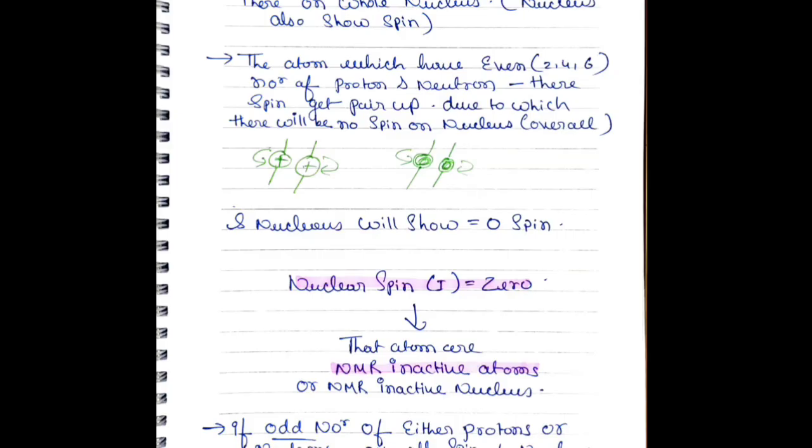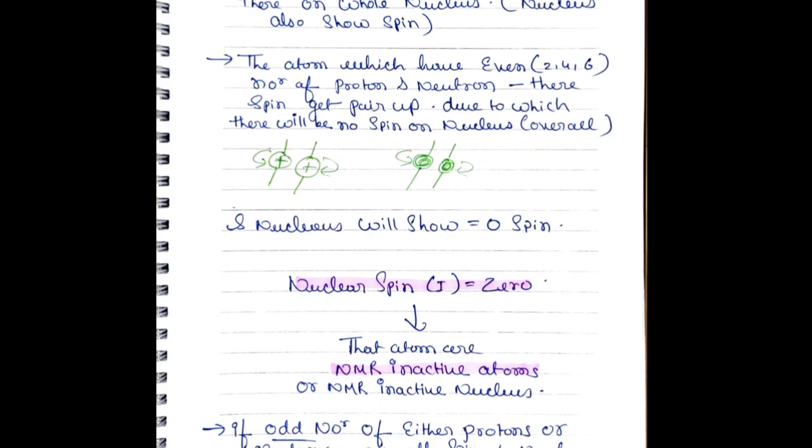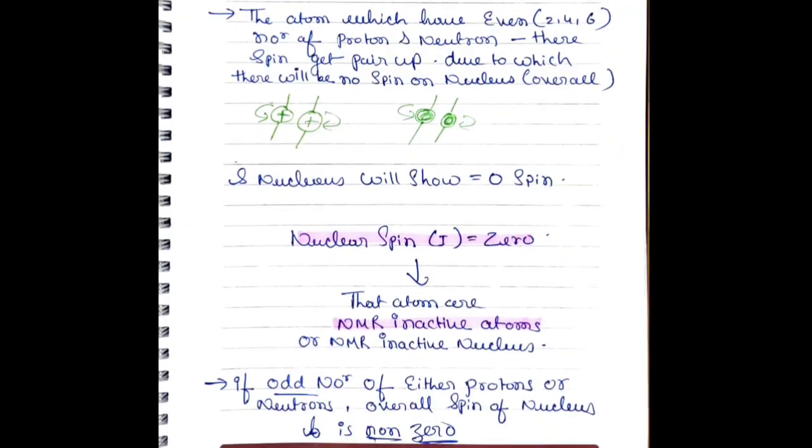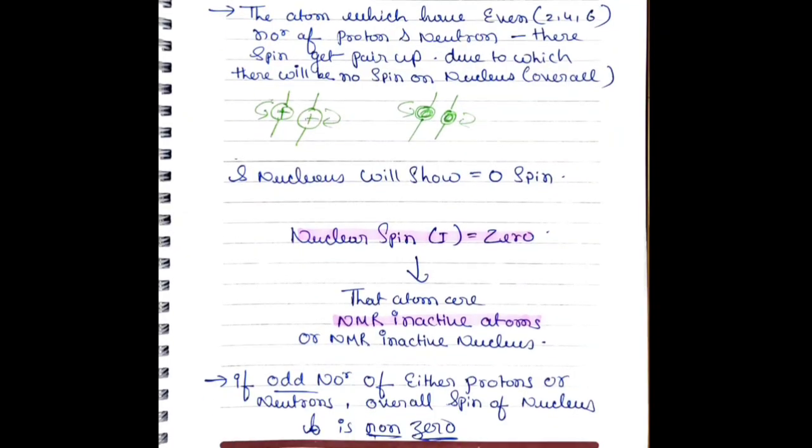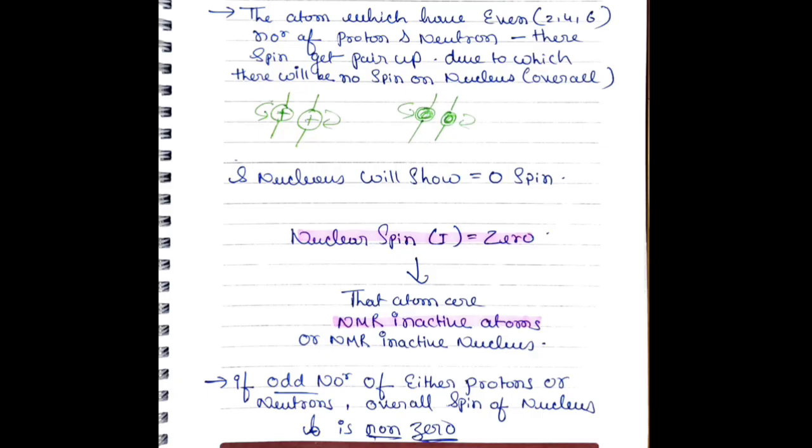So if there is an even number of protons and neutrons in the nucleus, the nuclear spin is equal to 0, and those atoms are NMR inactive atoms, or NMR inactive nuclei.